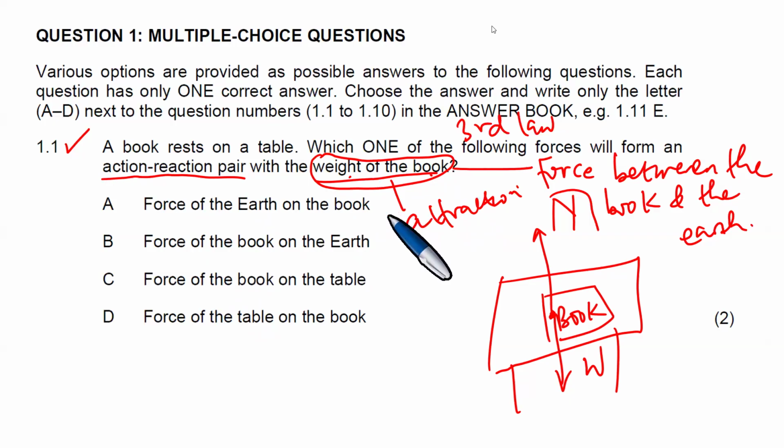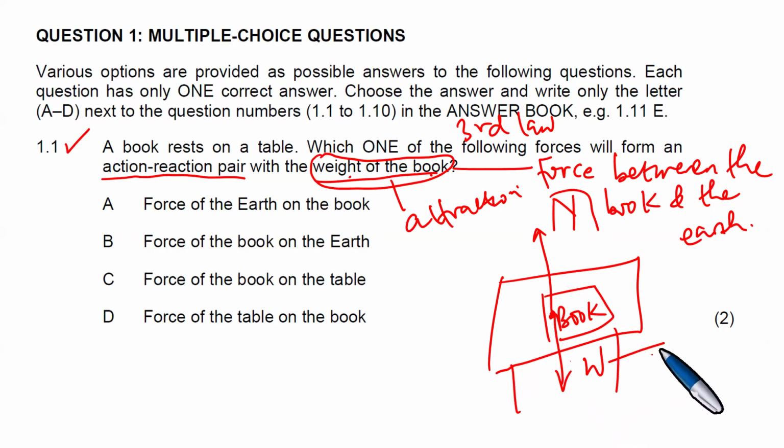Okay, I'm glad that you're thinking about it. So this weight, it's the force of attraction. It is the magnitude by which the earth pulls everything to itself.